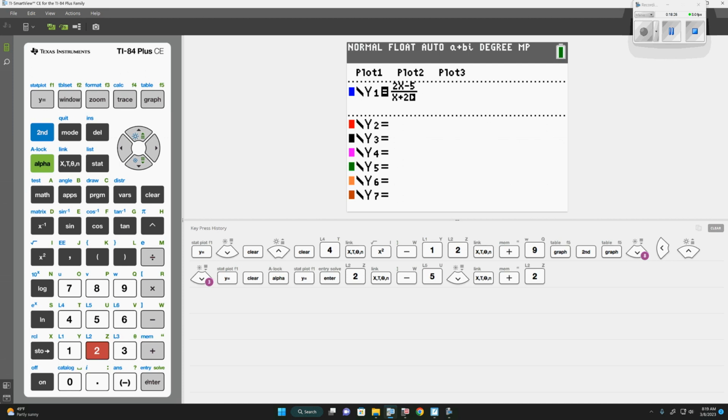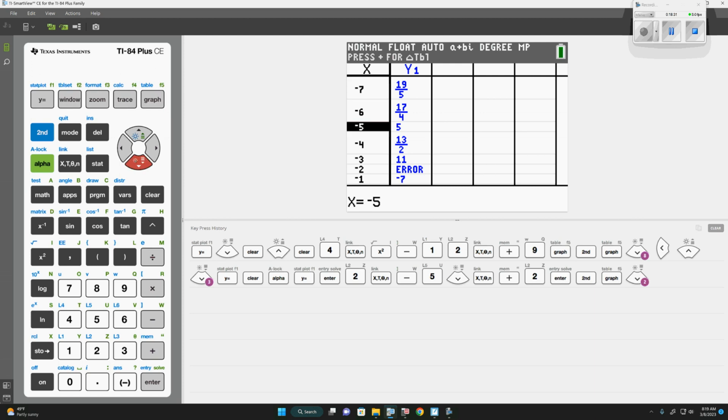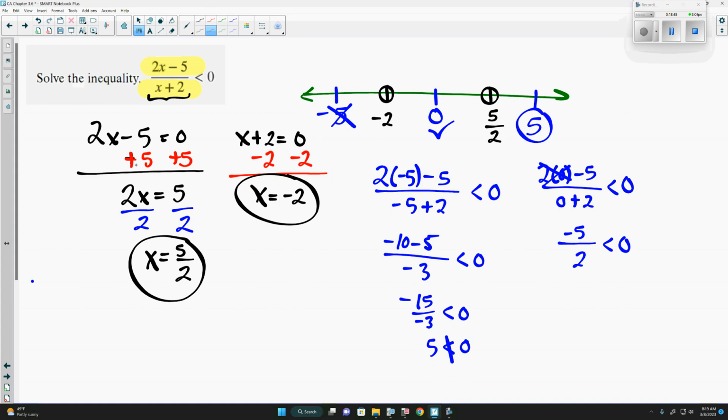So we have this entered into the calculator. Now we can go second table, and the x value that we want to check is 5. So 5 is 5/7. And this value here should be what? Less than 0, yes? Is 5/7 less than 0? No.